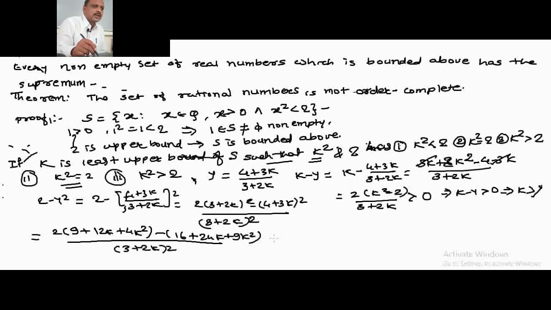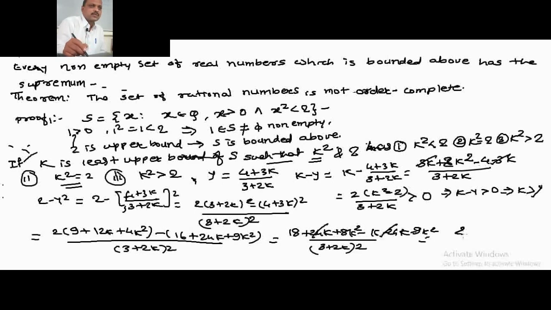That equals 18 plus 24k plus 8k square minus 16 minus 24k minus 9k square, divided by (3 plus 2k) whole square. The 24k terms cancel, and we get 2 minus k square divided by (3 plus 2k) square.